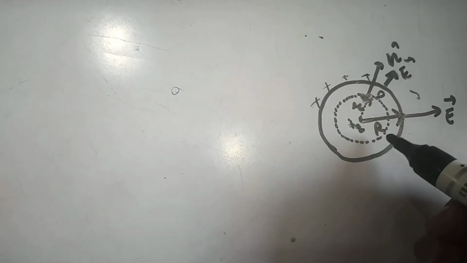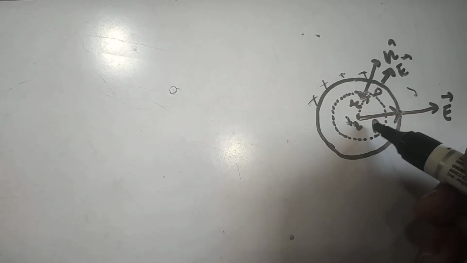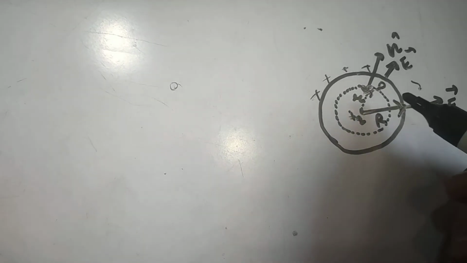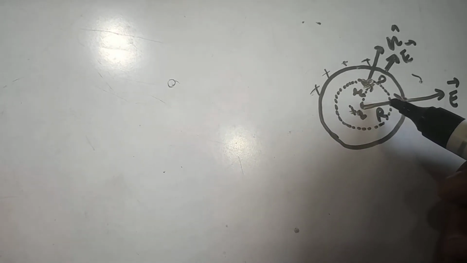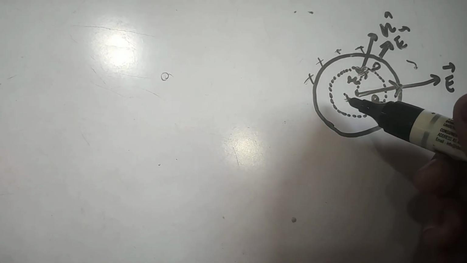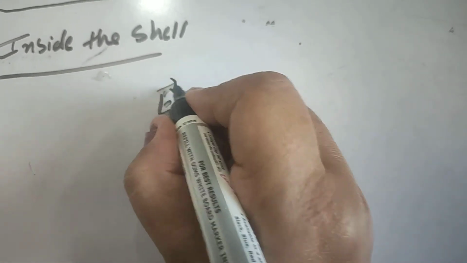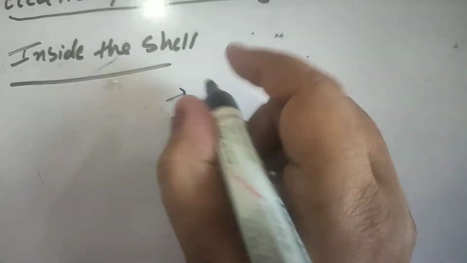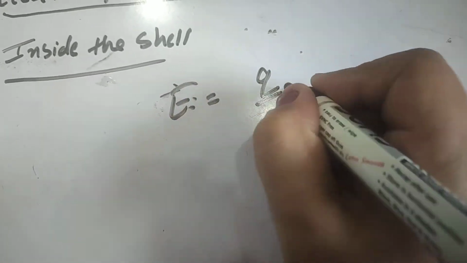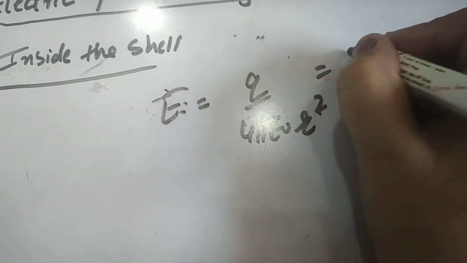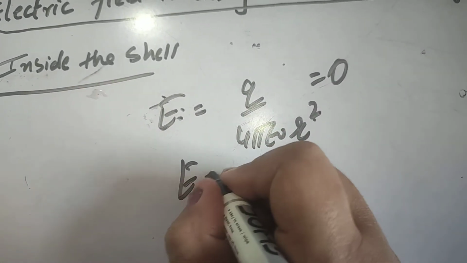It means inside the surface there is no charge. Since inside the surface charge is 0, flux should be 0. Here we have already found E is equal to Q upon 4 pi epsilon naught r square. So the value of Q is 0, so E is equal to 0.